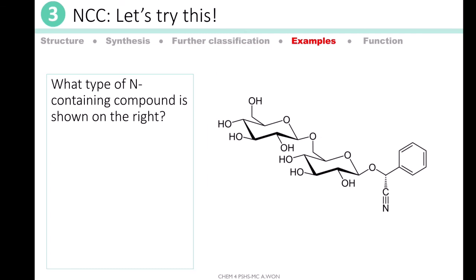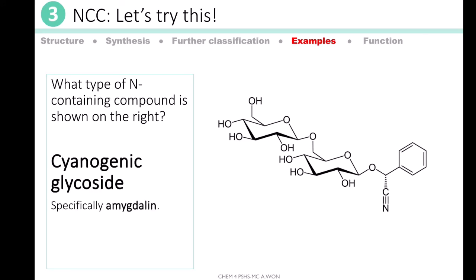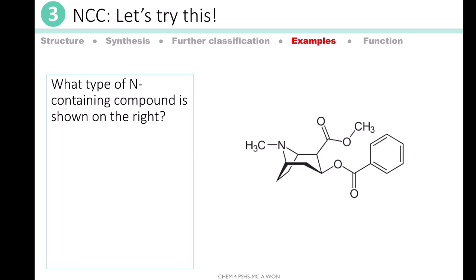Okay, now let's proceed with the questions. What type of nitrogen-containing compound is shown on the right? Okay, it has a nitrile group, so this is a cyanogenic glycoside. Next, what type of nitrogen-containing compound is shown on the right? This is an alkaloid.